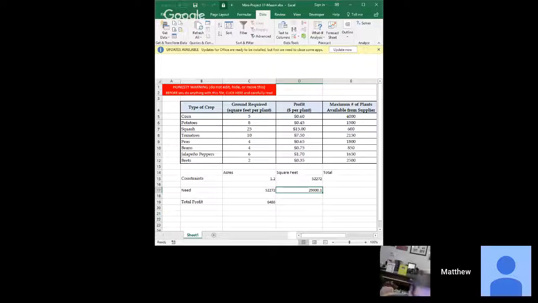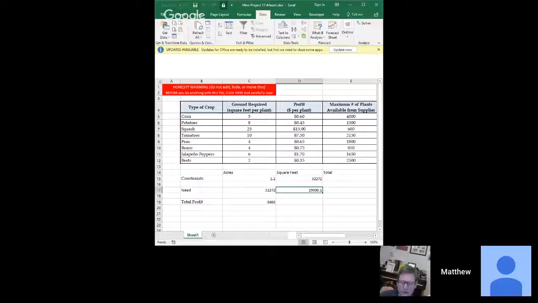You're saying D70 has to be less than or equal to C17? Yeah, the C17, which is essentially this right here. That's land to hills in square footage. It has to be less than that. Okay, cool.